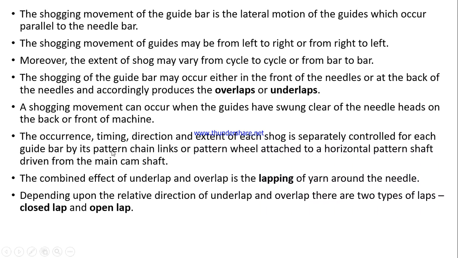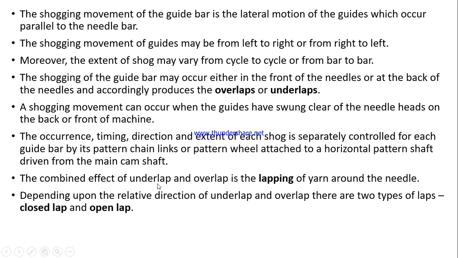As a result, each guide bar has a particular amount of shogging for a knitting cycle. That is decided by the design which we want to produce by the machine. So the mechanism and the motion given by the pattern chain links and pattern wheel is very important to understand for getting a particular or typical design of the warp knitted structure.